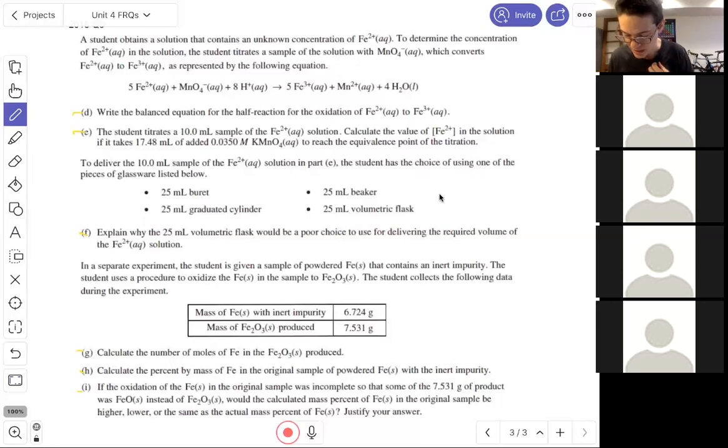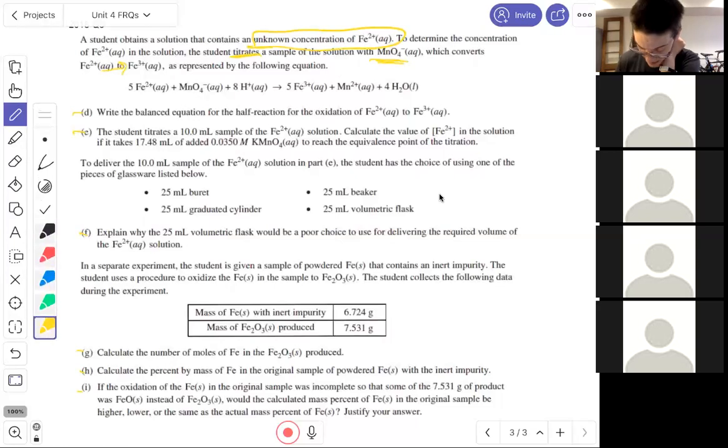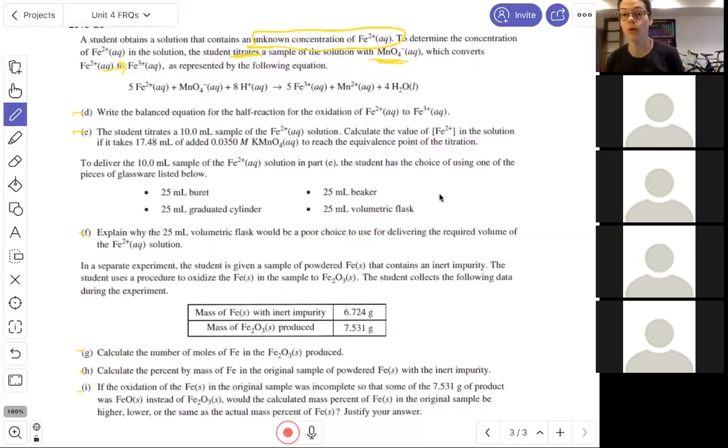It says a student obtains a solution that contains an unknown concentration of Fe2+. To determine the concentration, the student titrates a sample of the unknown solution with permanganate, MnO4-, which converts Fe2+ to Fe3+ as represented in the equation. From that text, think about what we know from titration.